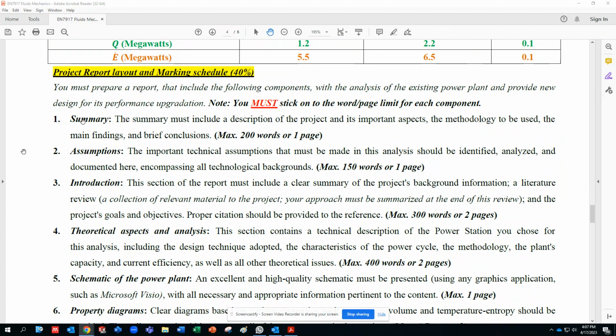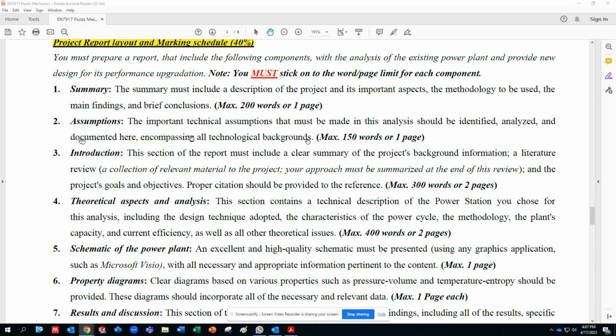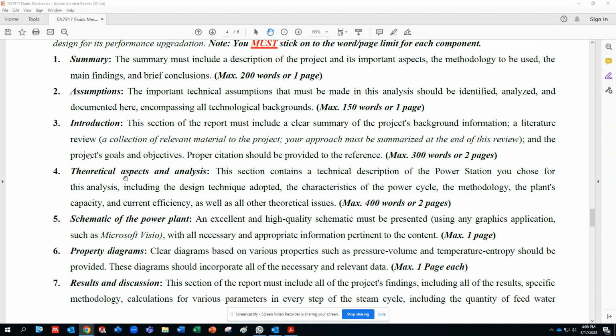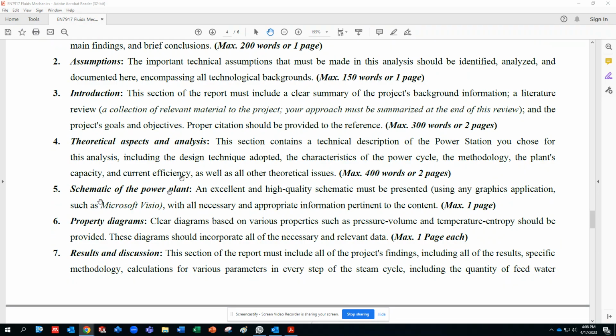So the report should include all this information, such as summary, which includes a maximum of 200 words or one page, and assumptions, which is very very important for this analysis, maximum of 150 words to one page. Similarly, introduction part, theoretical aspect and analysis, and schematic of the power plant. This is pretty much required.